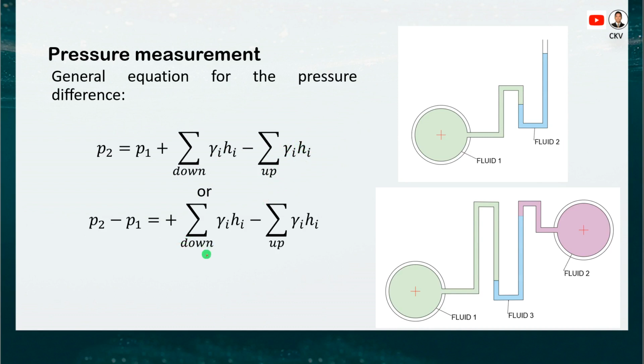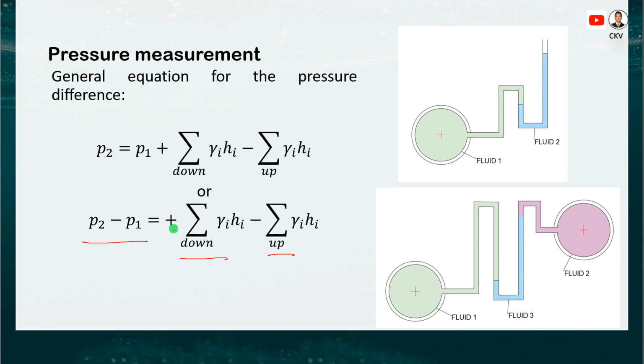Or we can rewrite it as the pressure difference, which is P2 minus P1, is equal to plus the sum of products of unit weight times its corresponding height for down, minus the sum of the product of unit weight times h for up. So we have a sign convention here that all down are positive and up is negative.